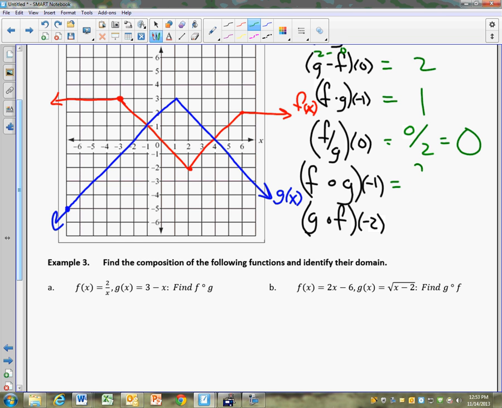So I could rewrite this as f of 1 because g of -1 is 1. So again, compositions are always 2 steps. So now I evaluate f of 1. So I go to 1. What is f of 1? 3. Oh yeah, yes. F is in red, so -1.